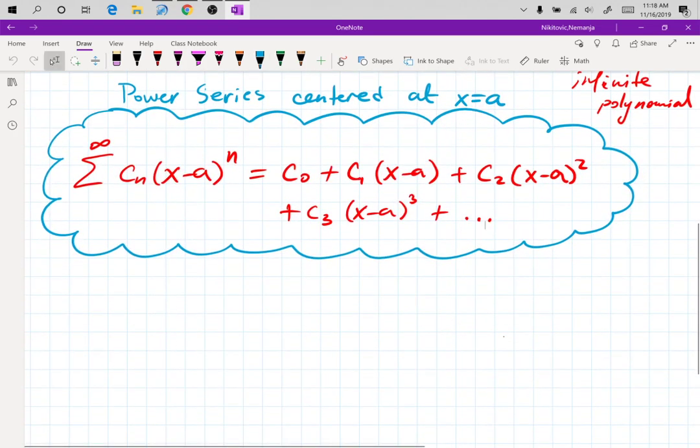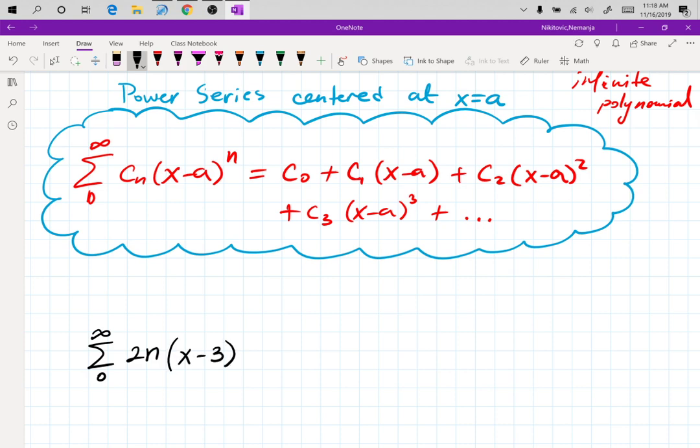Now I would just like to see what one of these would look like. So it starts at 1, let's say, or 0, doesn't matter, start at 0. Let's have a summation example, just to see what it looks like. Let's start at 0, go to infinity, have maybe 2n, and then (x minus 3) to the n. That's an example.